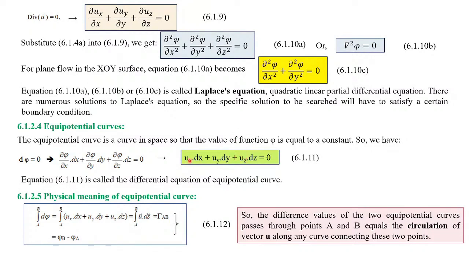Ux, uy known. This is direct for a plane potential flow. So you integrate, you can get this one.